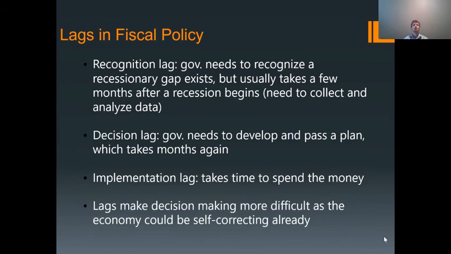All of this sort of builds up, and sometimes, depending on how slow the government works, it might be a year from the point the recession starts to the money starts going out the door. A full year is a long time in the economy. At that point, you might have already had the economy start self-correcting. And that is a key classical economist critique of Keynesianism right there.